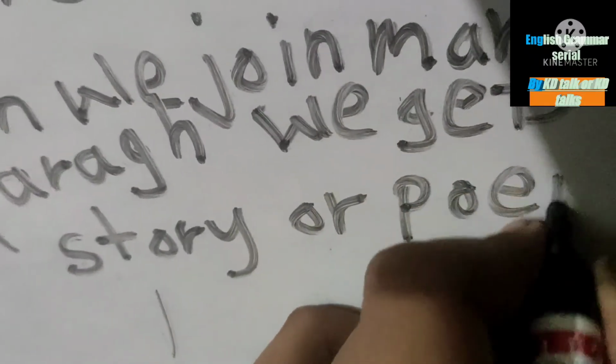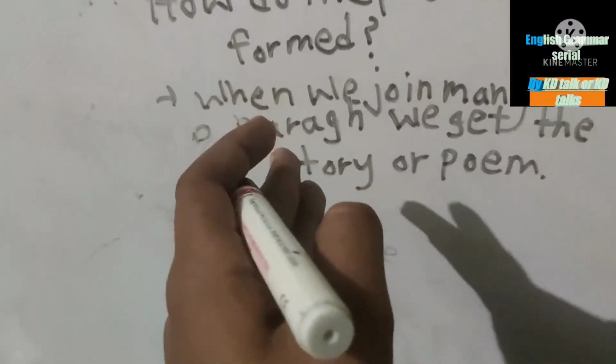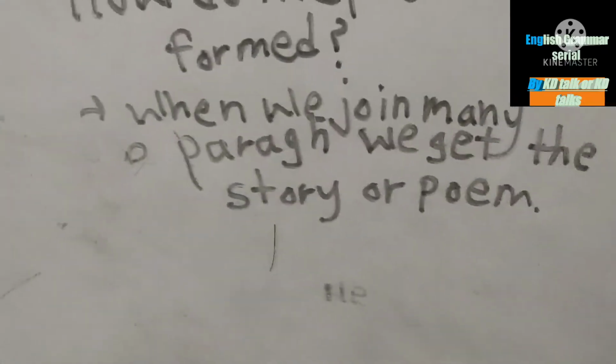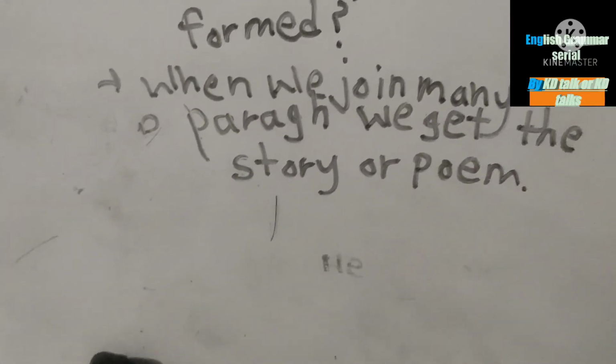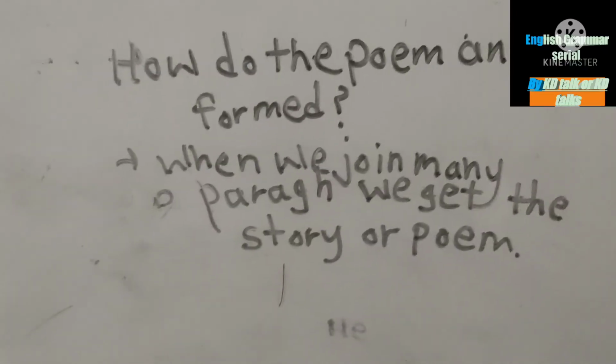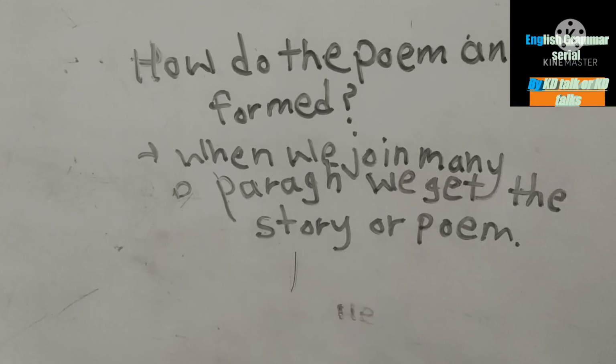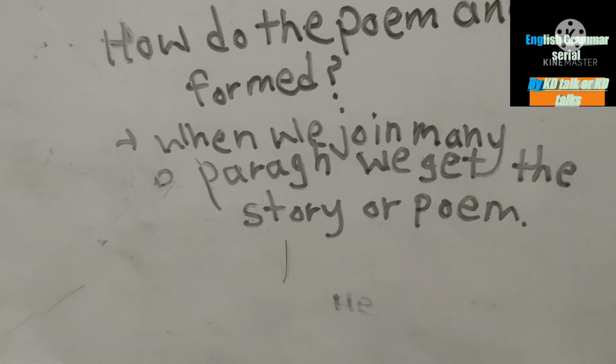Here the spelling of paragraph is wrong, sorry for this. But what I am saying is, how are the poem and story formed? When we join many paragraphs, we get the story and the poem.